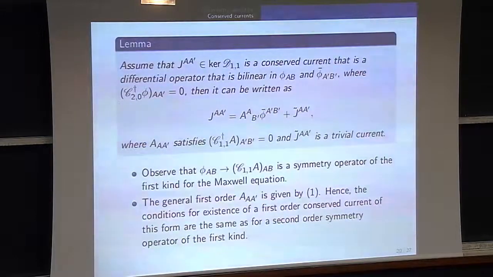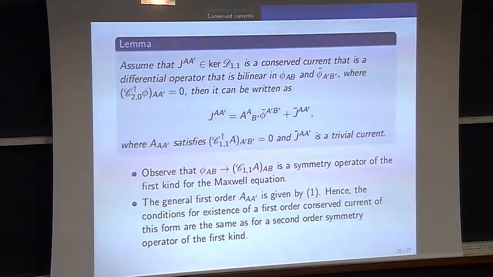Then, after doing some integration by parts, you can actually move over all derivatives to one side, so you get this form, where now J tilde is a trivial current. And of course, phi is a Maxwell field.